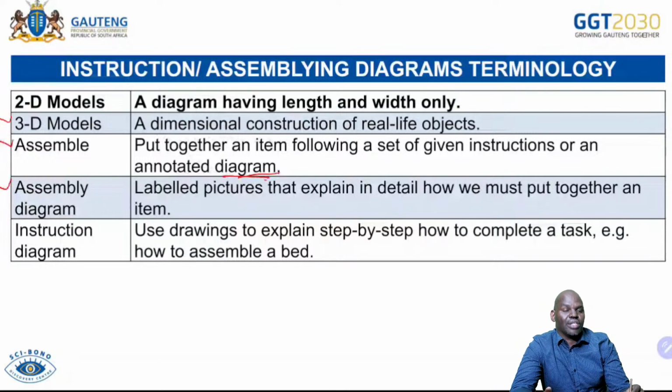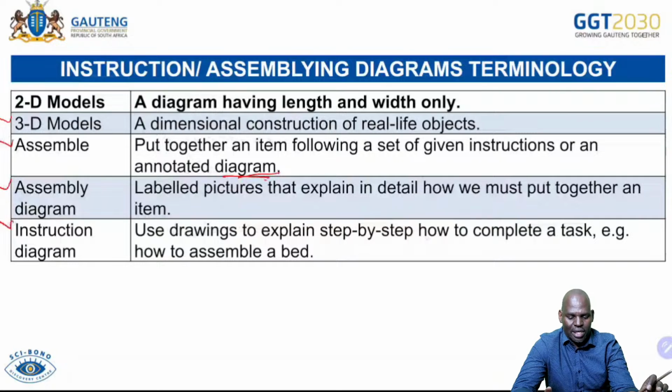The third one is assembly diagram, which is a labeled picture that explains in detail how we must put together an item. We also have instruction diagram, which uses drawings to explain step by step how to complete a task.